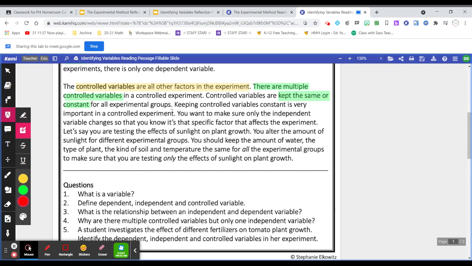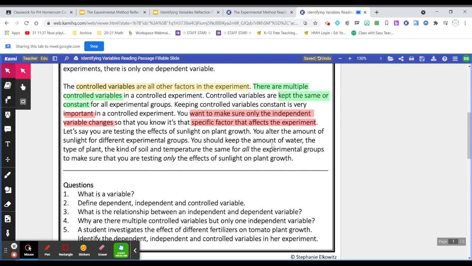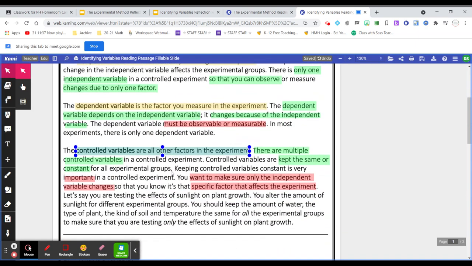So the last key part of this is keeping the controlled variable constant is important because we want to make sure that only the independent variable changes. So we know the specific factors that are affecting our experiment. Okay?